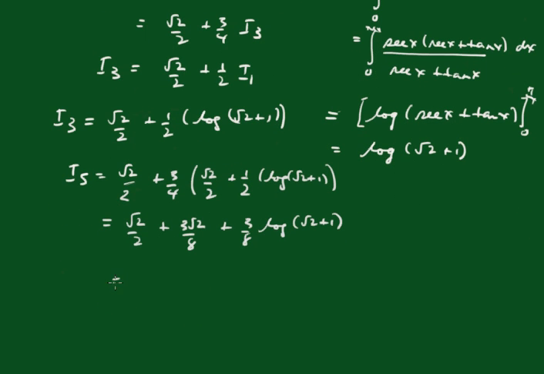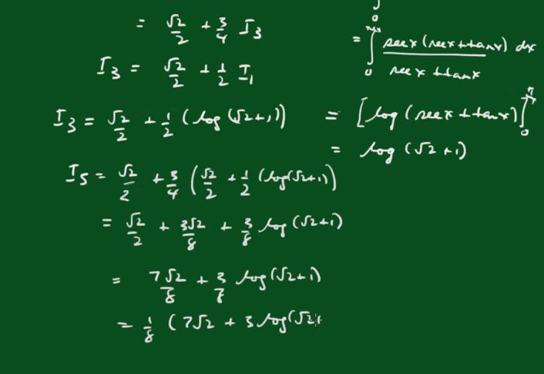Of course, this now becomes 7 root 2 on 8 plus 3/8 of the log of root 2 plus 1, which is our result, 1/8 of 7 root 2 plus 3 log of root 2 plus 1.